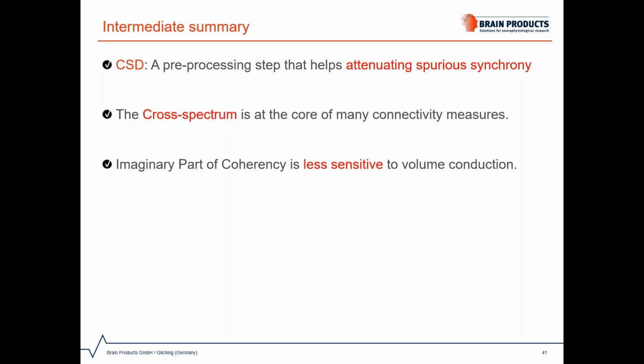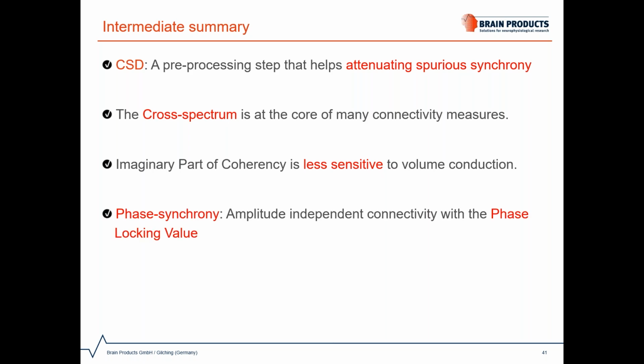We learned that we can use the imaginary part of coherency as a useful analysis to safeguard our analysis from volume conduction effects, and also got to know a more strict phase synchrony measure that is independent of the amplitudes of the involved signals. Depending on your research questions, data, and study design, this property is important, and in some cases, it can paint a clearer picture of the underlying connectivity structure.